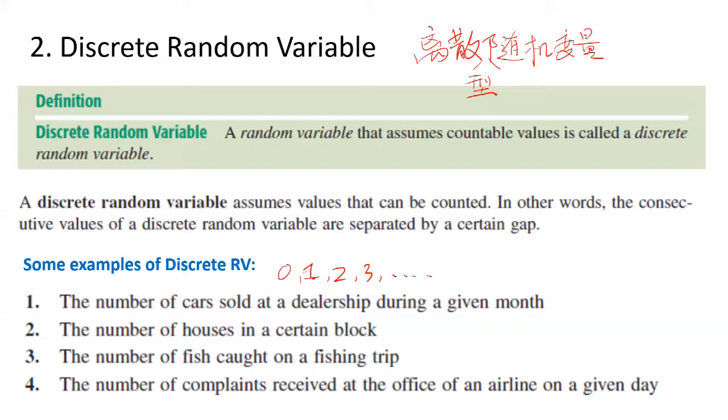This as well is a discrete RV because it also can have only natural numbers, right? 3, the number of fish caught on a fishing trip. 4, the number of complaints received at the office of an airline on a given day, which is also a discrete RV because it can only have values of natural numbers, right?